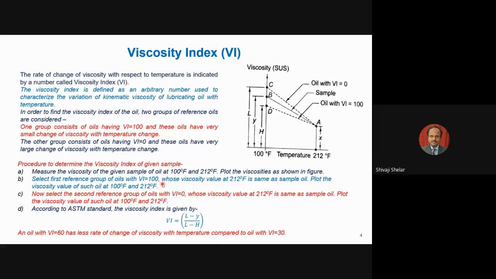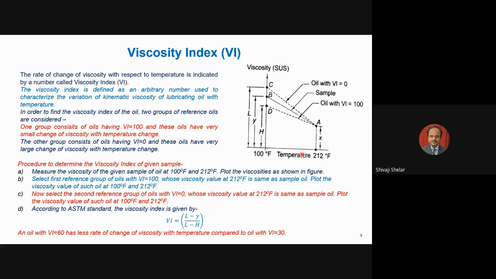Select the oil such that its viscosity value at 212 degrees Fahrenheit, which is given in the table, is the same as your given sample. So at 212 degrees, I take another oil having the same viscosity, and the viscosity index of that oil is 100.